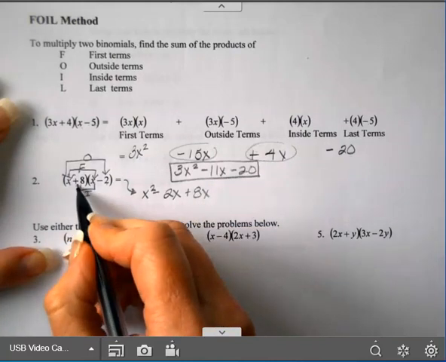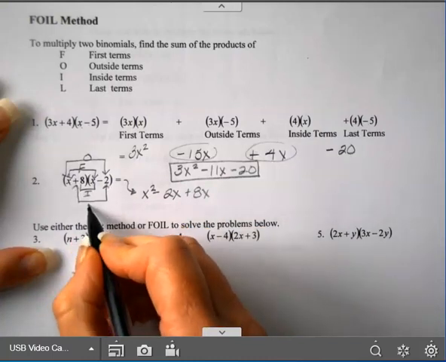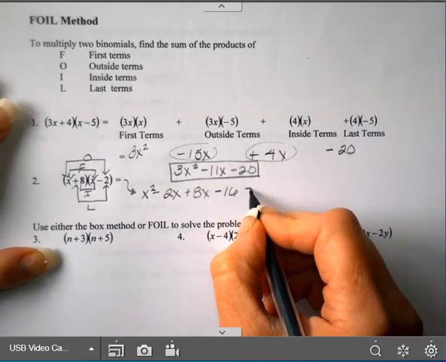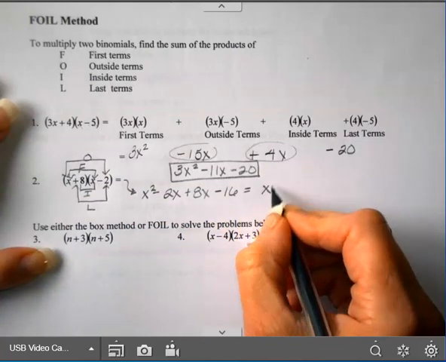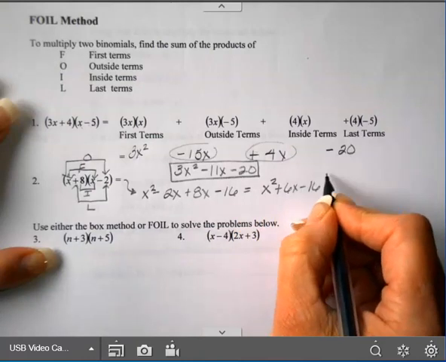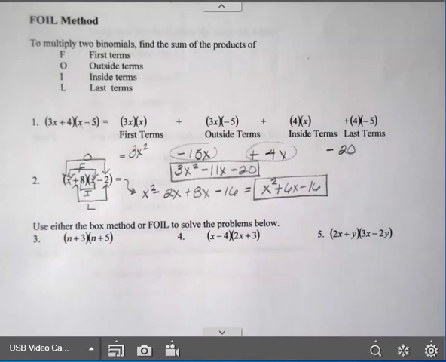And then my lasts are those two, and that gives me minus 16. Collect your like terms on this, and you'll have x squared plus 6x minus 16.